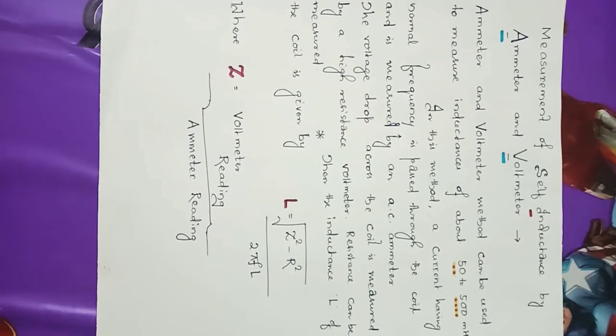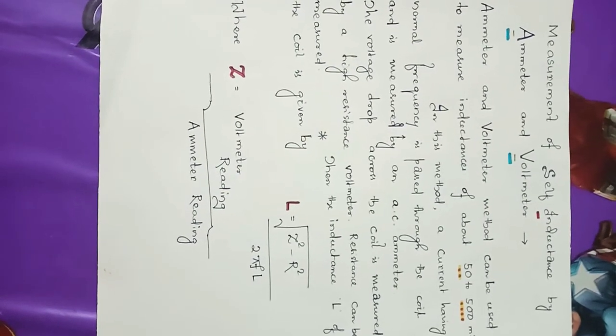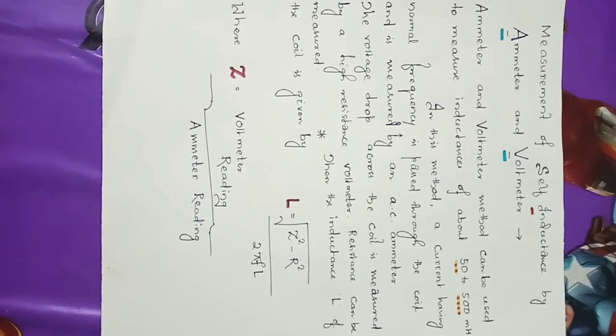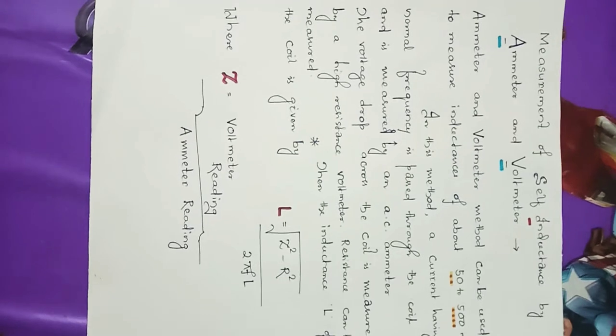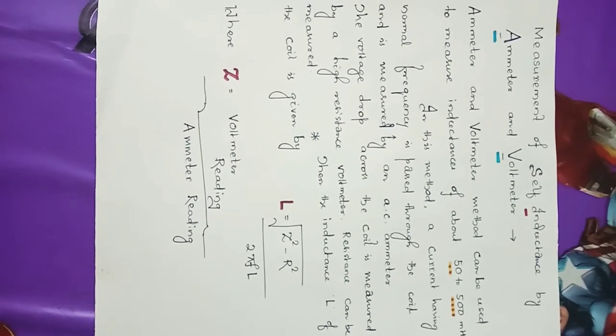In this method, a current having normal frequency is passed through the coil and is measured by an AC ammeter. The voltage drop across the coil is measured by a high resistance voltmeter. Resistance can be measured.